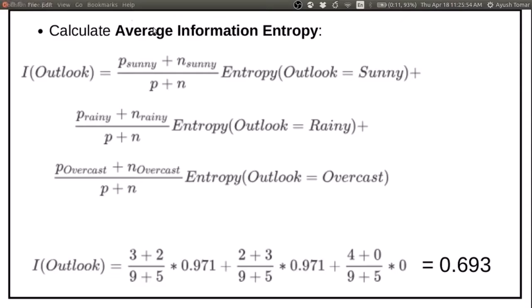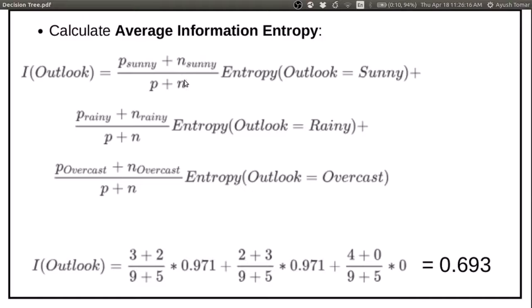Now the next step was to calculate the average information entropy. Based on the previous formula, for the attribute outlook, this will be the formula. That is positive examples of sunny plus negative examples of sunny upon p plus n. Here p plus n represents the number of positive examples and number of negative examples of the entire data set.